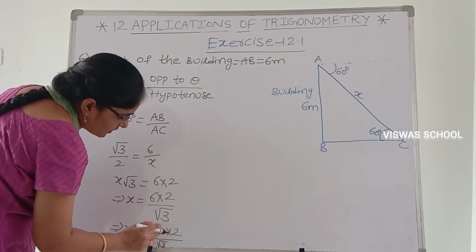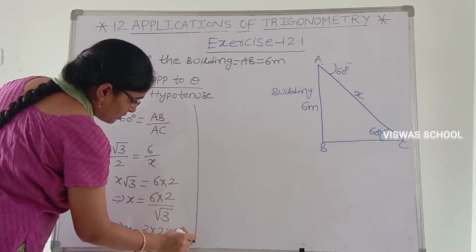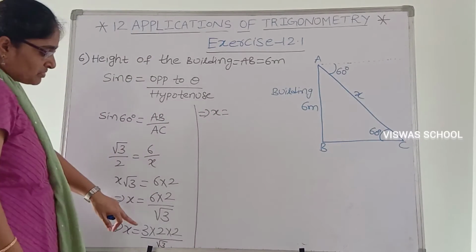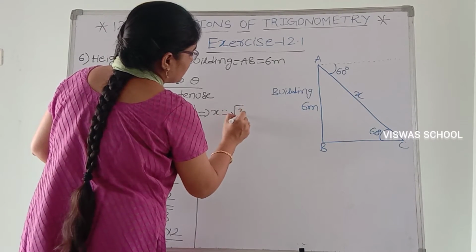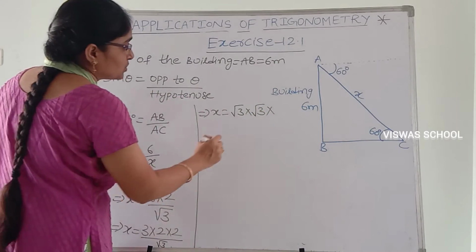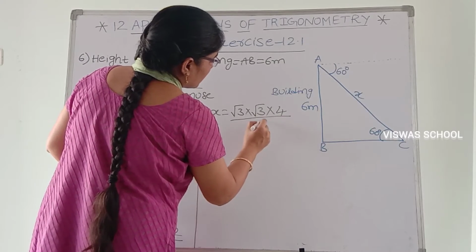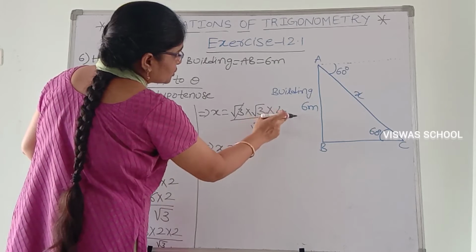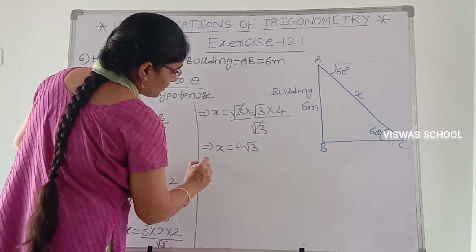I am writing this for cancellation of root 3. Now x equals, here this 3 I am writing as root 3 into root 3, and here 2 into 2 is 4, by root 3. Here root 3 cancels. Now x is equal to 4 into root 3, that is 4 root 3.